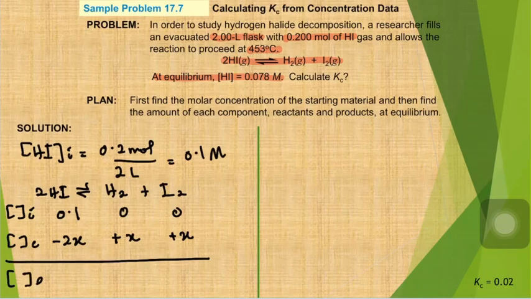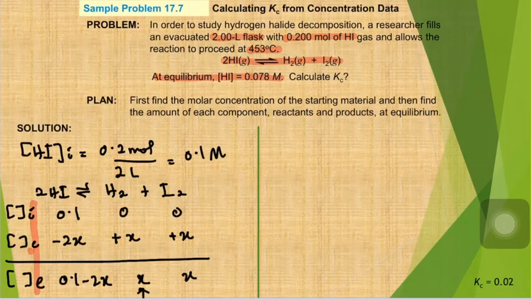The concentration at the equilibrium will be for HI 0.1 minus 2x, for H2 x, for I2 x. So this is what we call the ICE table. We have I, C, and E: the concentration initial, the concentration that is changed, and the concentration at the equilibrium.